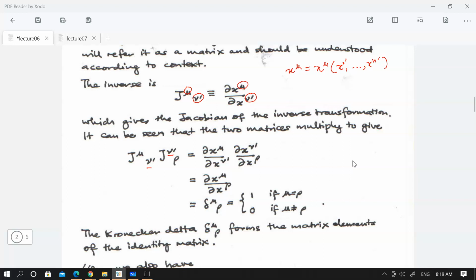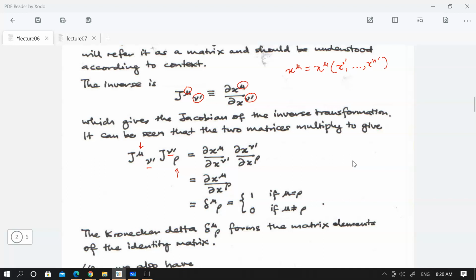These are the free indices here, and these are the dummy indices. And you just plug in the definition of your Jacobian and the inverse Jacobian here. Here is the Jacobian and here's the inverse.